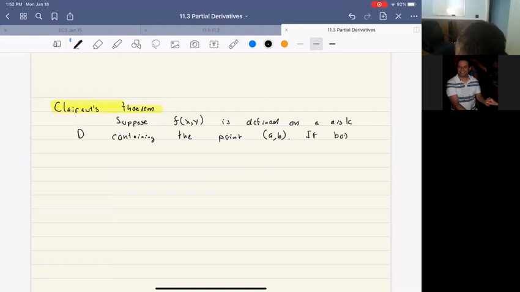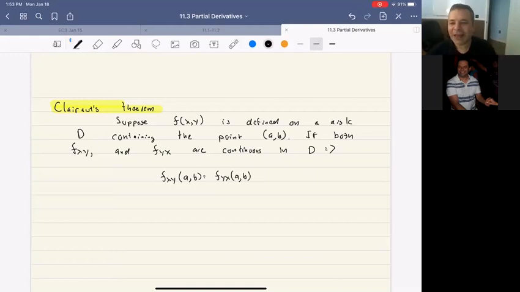If both f sub xy and f sub yx are continuous in D, then f sub xy at (a, b) equals f sub yx at (a, b).